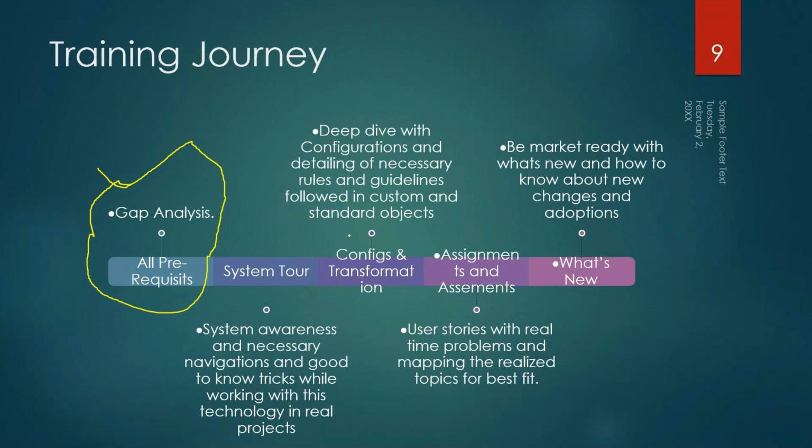So where we speak about the different rules we follow, the customization scope, people, how the customization scope is realized in the context of projects, where we have to realize the scope of adoption of their current landscape to the new technology. How are we going to do it is what we refer to under this configurations and transformation process, followed by assignments and assessments.